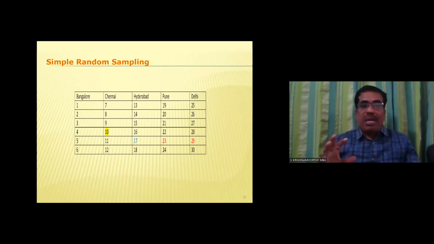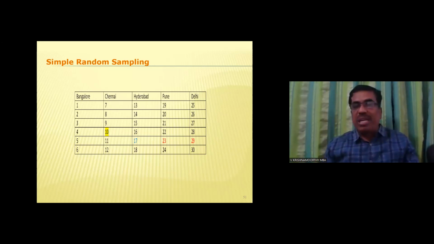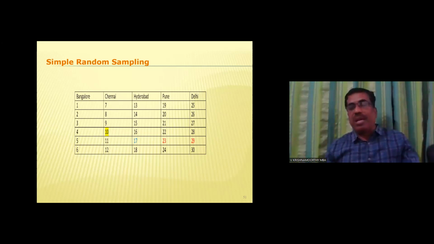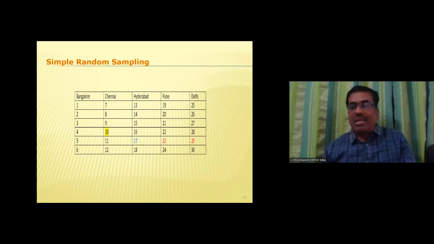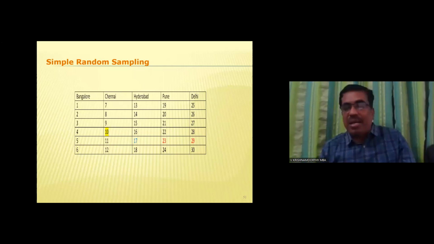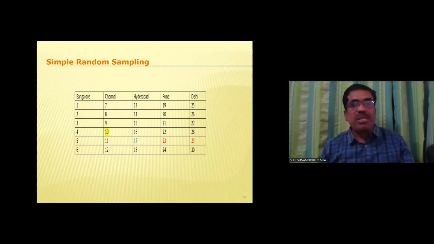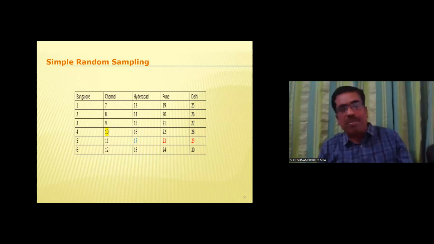Now I need only 20 data. Randomly, I can select one respondent, then another respondent, and similarly another. I have selected 20 respondents randomly. I don't know who will come next. So this method is said to be simple random sampling.